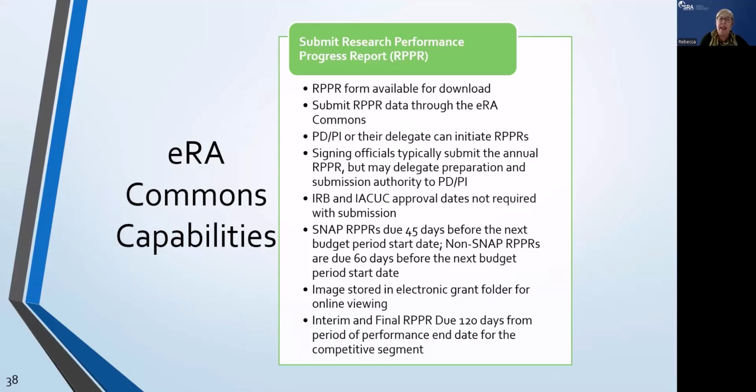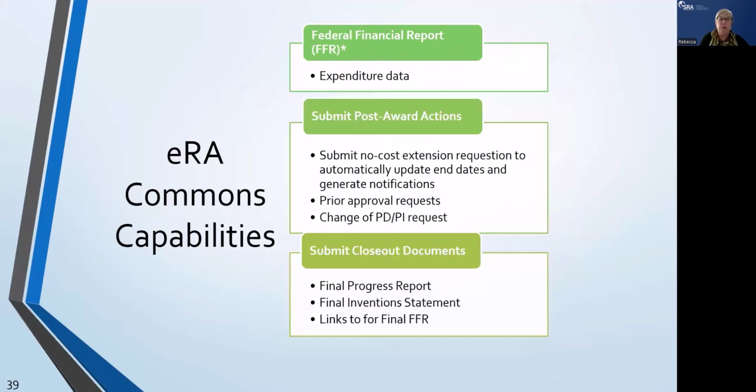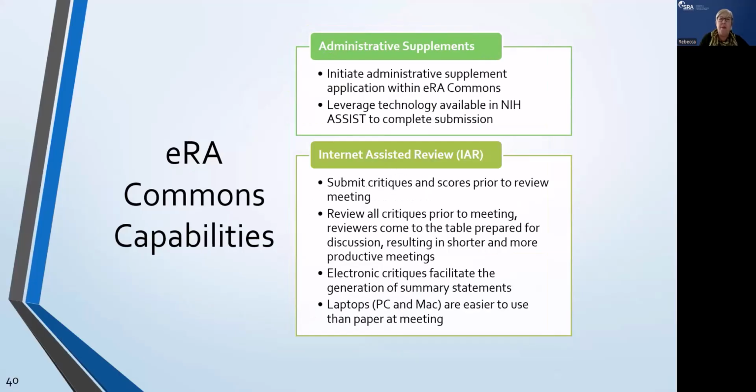If a grant is non-SNAP, the RPPR is due 60 days before the next budget period start date. And again, the final financial report is there. Closeout documents are submitted there. All those prior approvals are submitted through there. Even the review aspects of it are handled through the Commons.